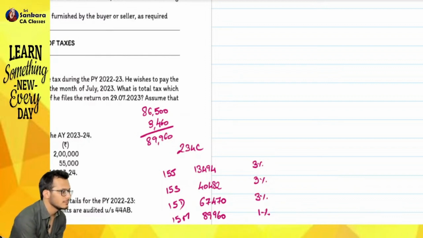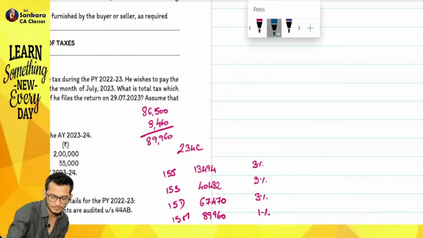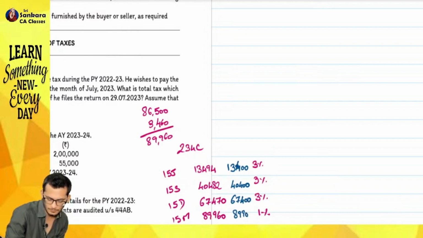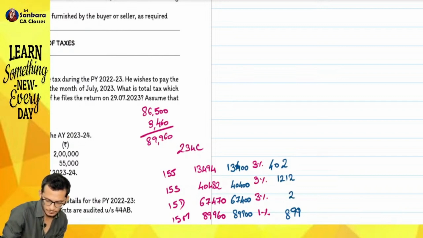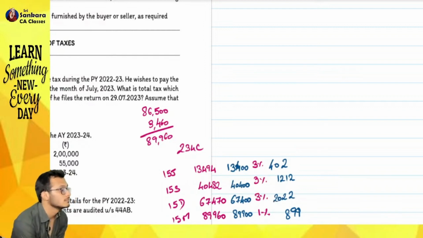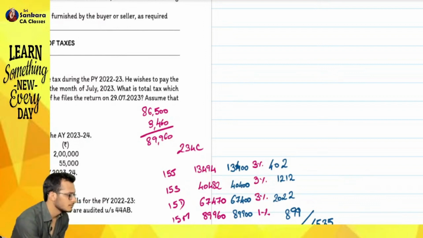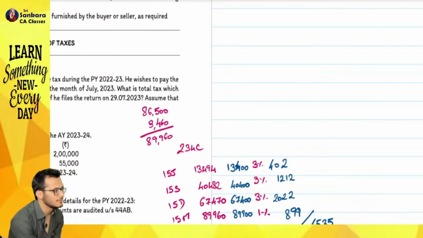For those who have already started multiplying, done? So your total interest under 234C is arrived at 4,535.